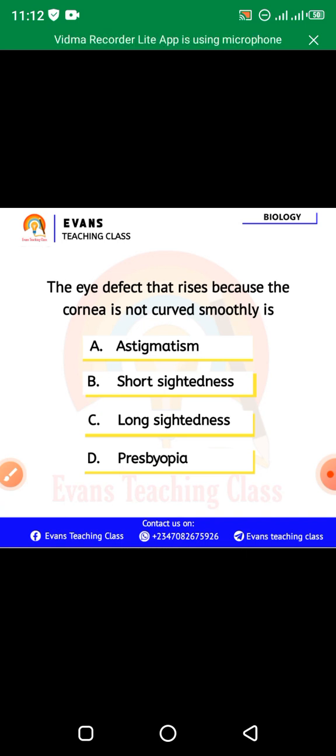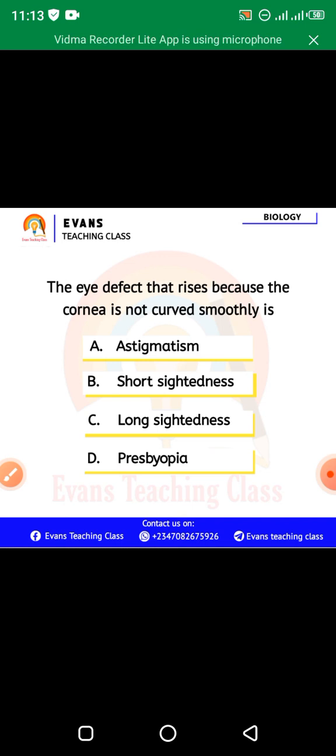It occurs due to old age. When your eye is old, maybe you are above 60 or 70 years, your ciliary muscle can no longer relax or contract, so you are not seeing very well because your ciliary muscle is having a hard time contracting and relaxing. That is what we call presbyopia.